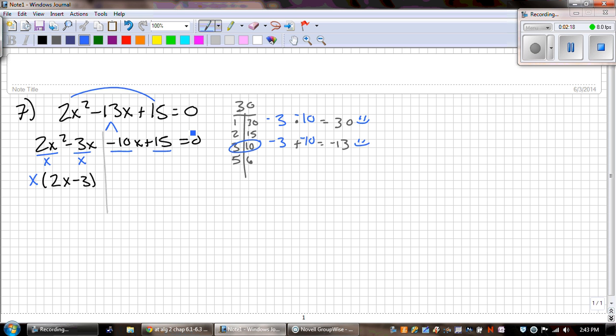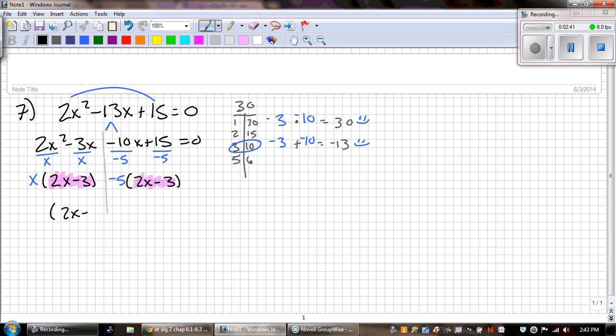What's the GCF of the back? Do you say negative 5? I couldn't hear you. So negative 5, and then our remainder is 2x minus 3, which is awesome because if these match up, it means that we did it right.